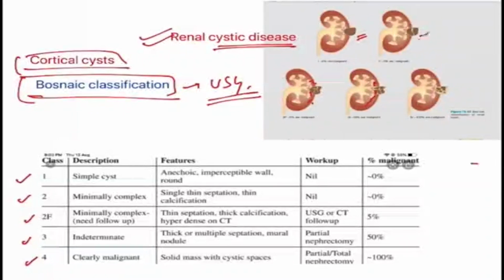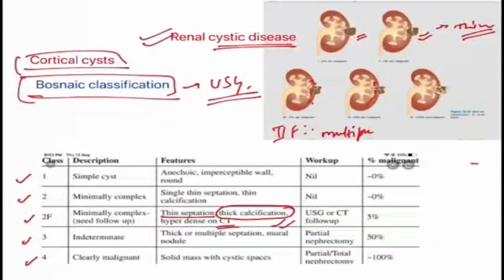In 1 there is a thin wall around the cyst and there are no septations. In Bosniak 2 a thin septation is present but there is no enhancement. In 2F multiple thin septations are present.